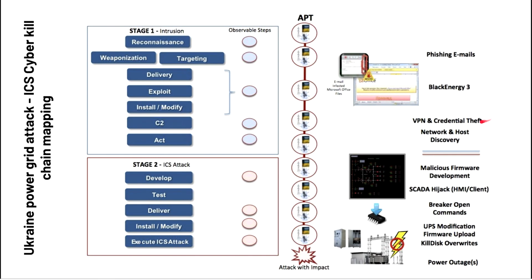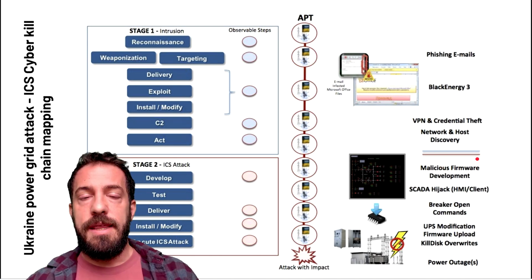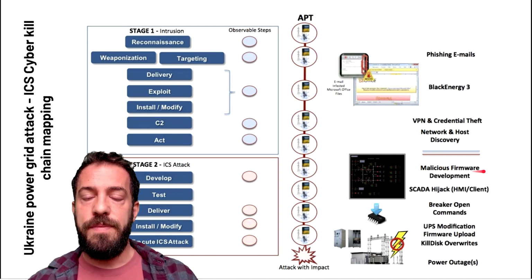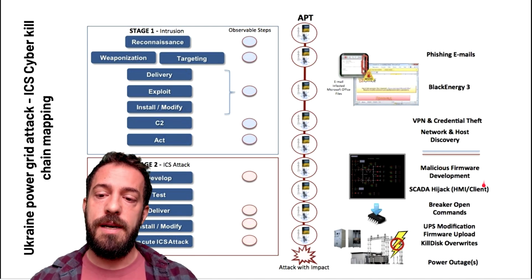That weapon was used to extract credentials, and once credentials were extracted, the attackers installed themselves within the network, and they did further reconnaissance as the final step of stage 1 to get enough information to develop the actual ICS attack. In the ICS attack development, stage 2, they developed a malicious framework.